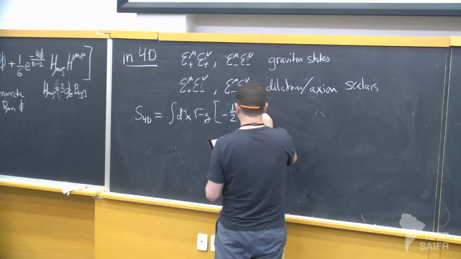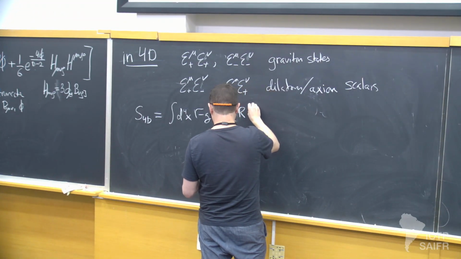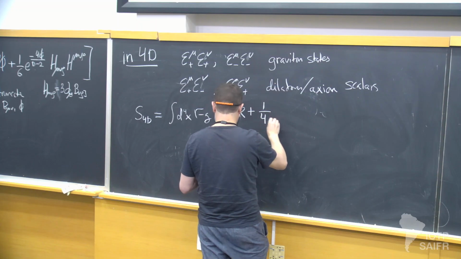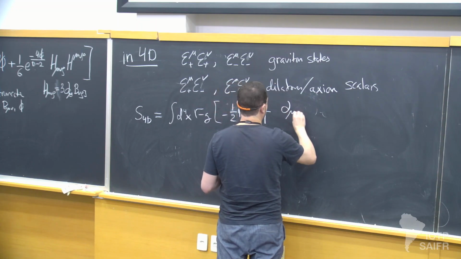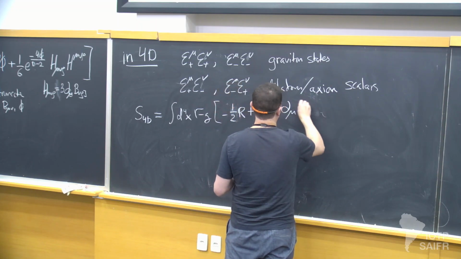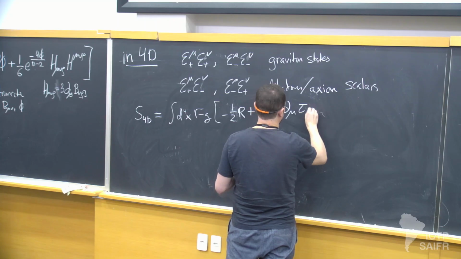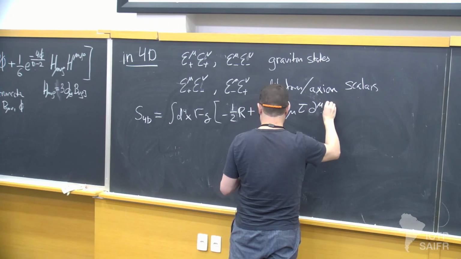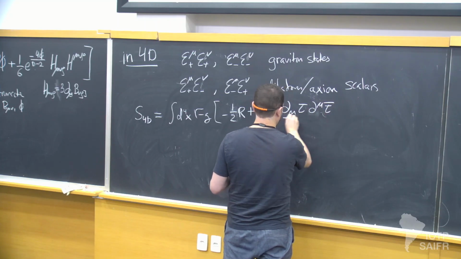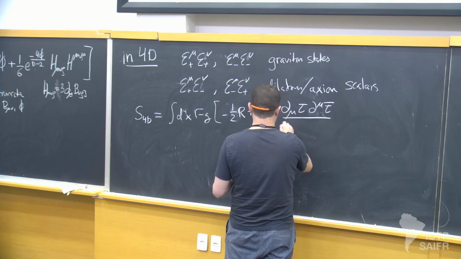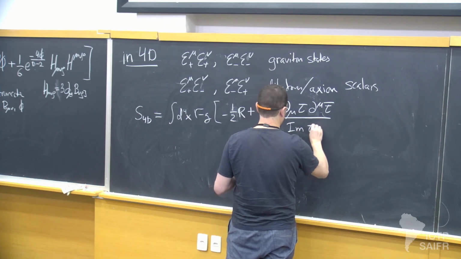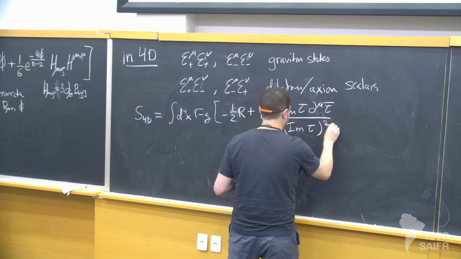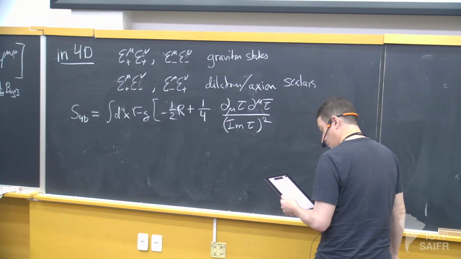That's why there's no kappa or G Newton. Okay, so it's a term that looks like this. Let's see, imaginary part of tau. Okay, so what is tau?